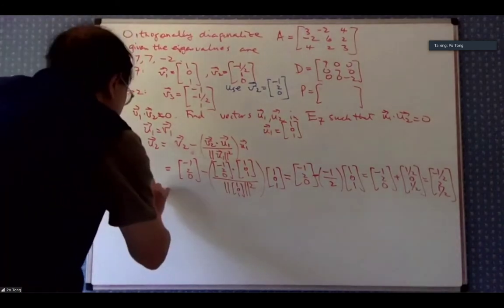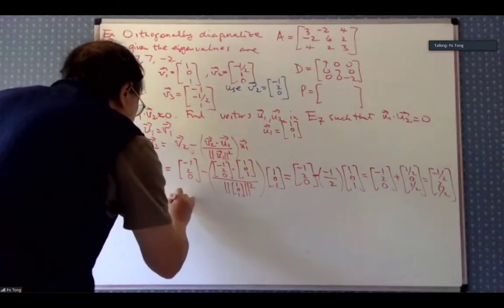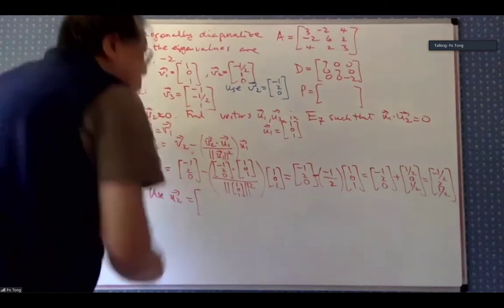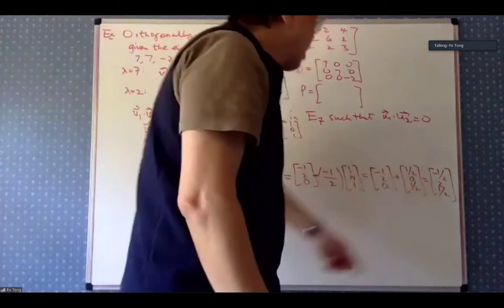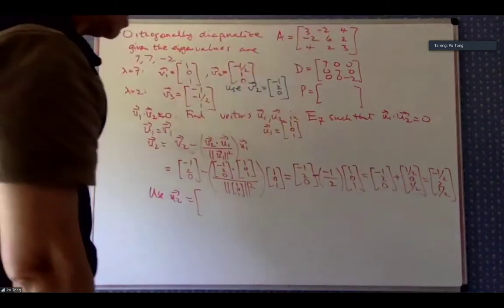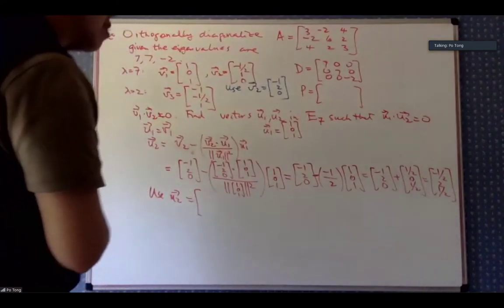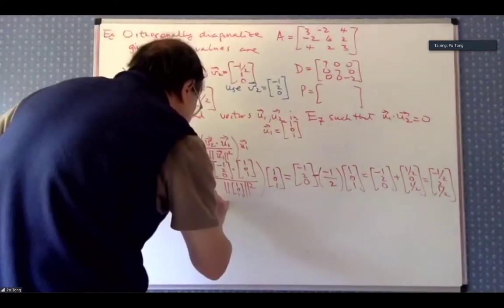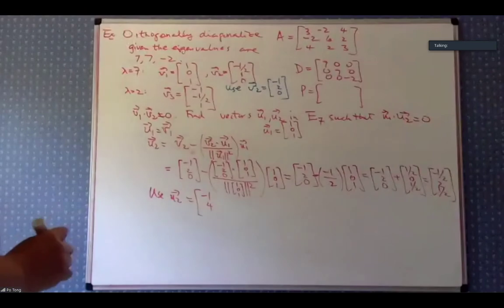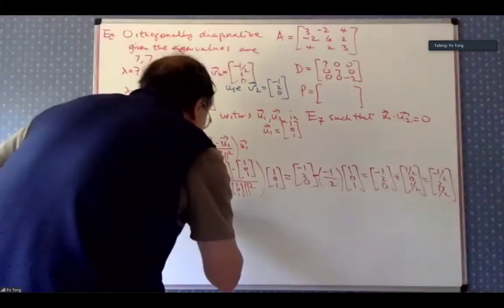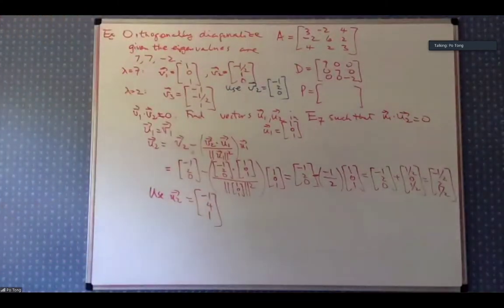So I can use U2 equal to, I don't like the fractions, so multiply by 2, this will be (-1, 4, 1).